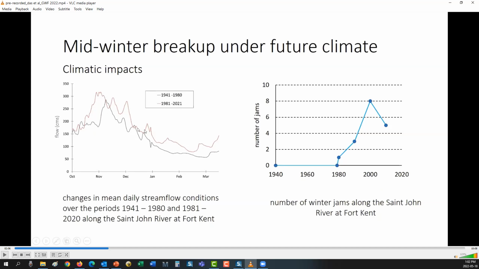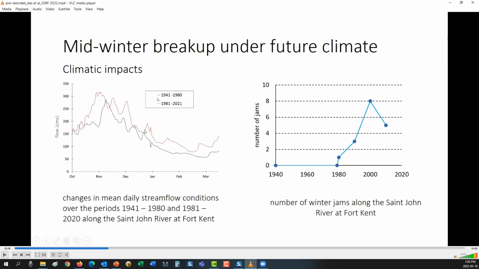One thing you'll notice is that the high stream flows have occurred earlier. A lot of these too, we're getting more rain on snow events here. And then during the winter as well, we're also getting a tendency to higher flows or higher peaks. So generally a little bit more flow now.